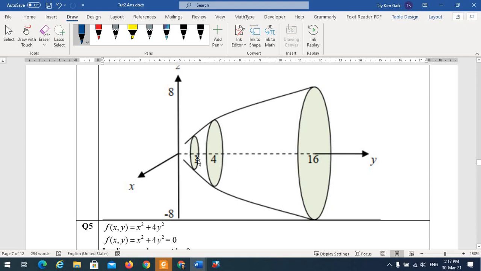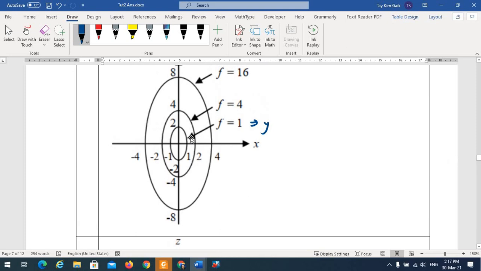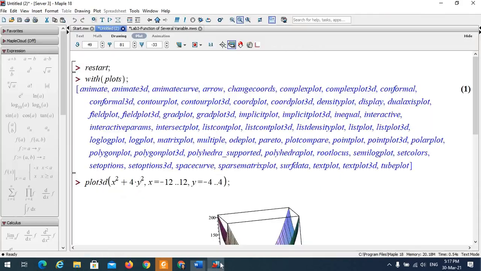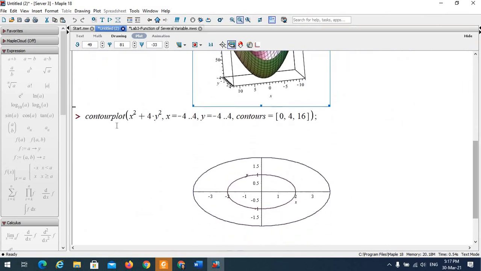So this is F1, F4, F16. This is called level curve. The gray color is actually called the contour line. But in Maple, when you use the Maple command, contour plot is actually 2D. In Maple, the 2D one is what we call level curve.